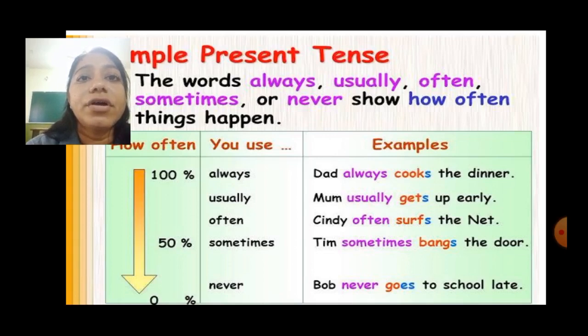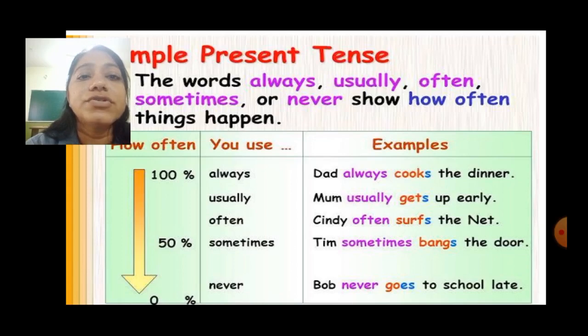But when we talk about sometimes, it means it may happen or it may not happen. For example, Tim sometimes bangs the door. So Tim sometimes bangs or sometimes does not bang. That is a 50% chance. Never. When we want to say that it doesn't happen, at that time we will use never.